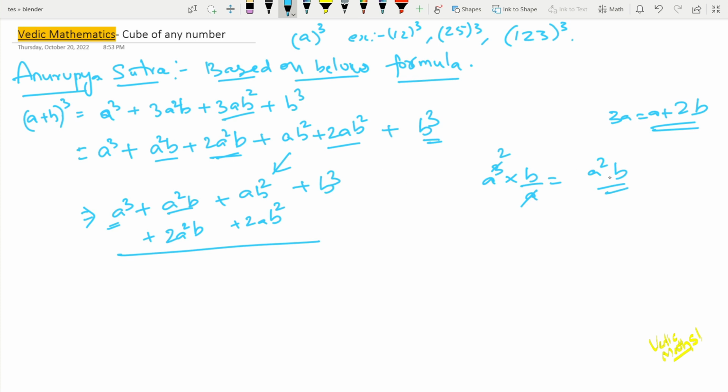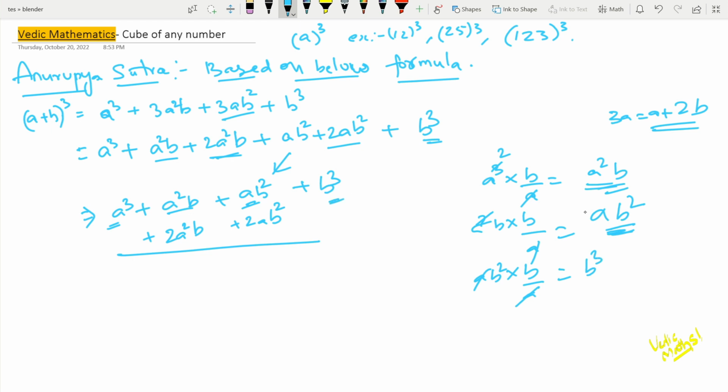Similarly, if I multiply the second term a square b by b by a, you will get ab square, which is this one. Again I'll multiply this third one, ab square, by b by a, the a cancels, and it will give you the fourth term.